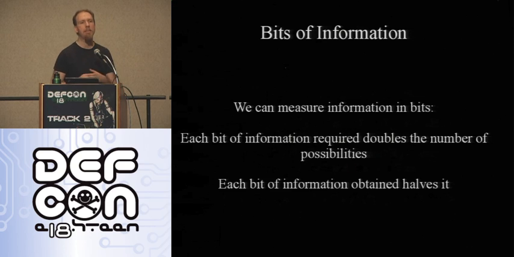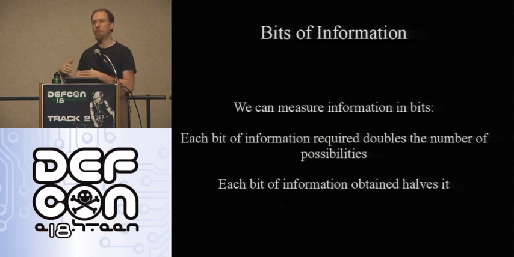So there's a mathematical measure you can use to say how identifying a set of facts about a person is, or how much information is required to identify someone. And if you need more bits to identify them, then each bit doubles the number of possibilities. And if you're learning more facts about them, then each bit you learn halves the number of possibilities.